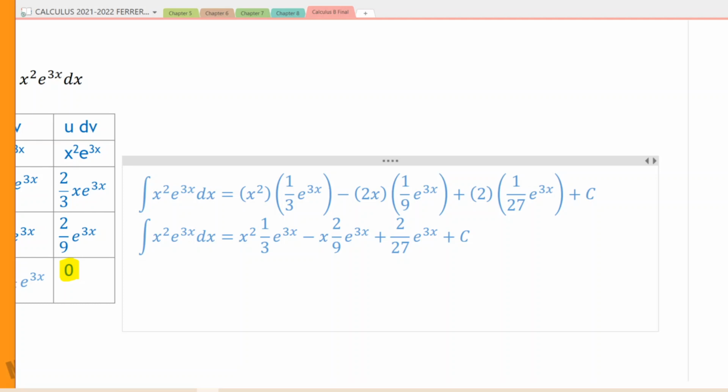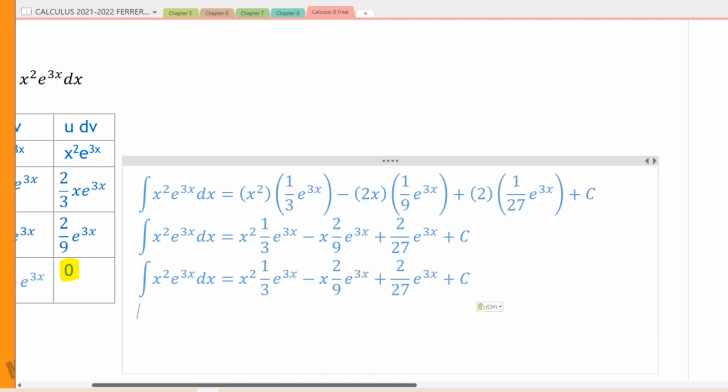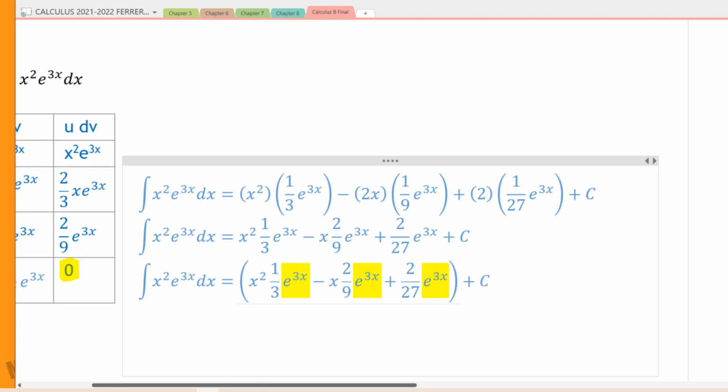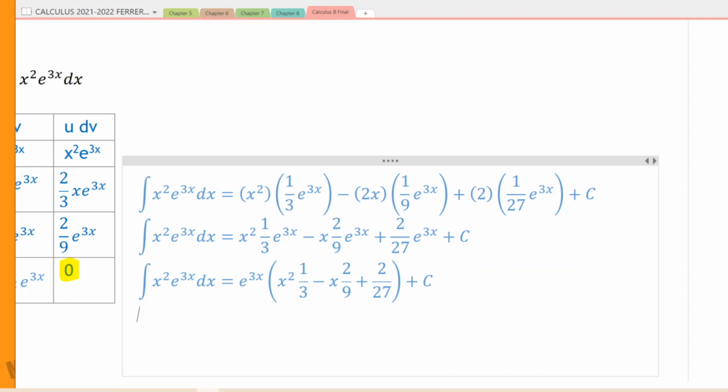The next thing I'm going to do is just to factor out all the e to the 3x's. And then I'm going to take these denominators here, and I notice I have a 3, 9, and 27. And the least common multiple is 27.